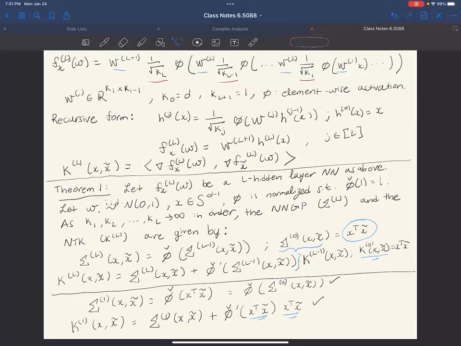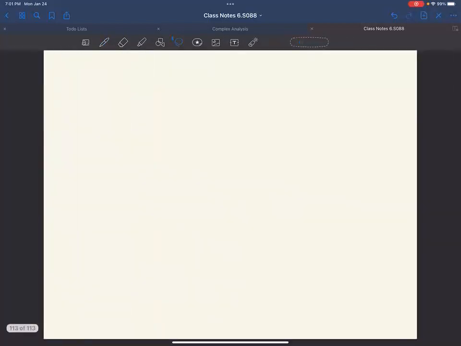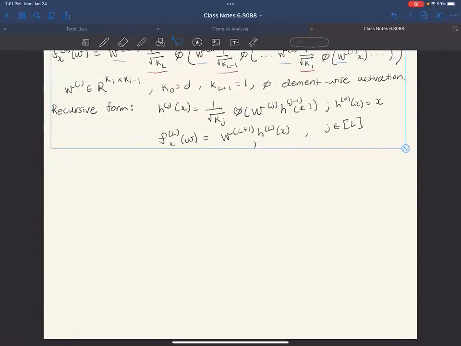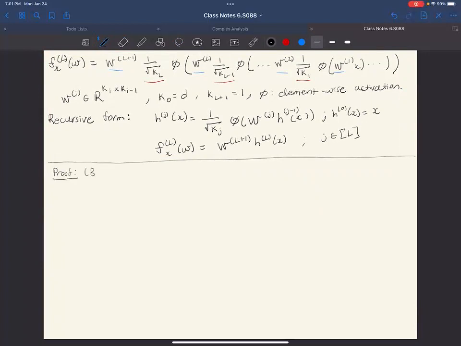What I'm going to want to do is actually copy our nice recursive form and this form for the neural network, since these terms will come in handy. Okay, so now, given this, let's start proving the theorem. And this is going to be by induction.